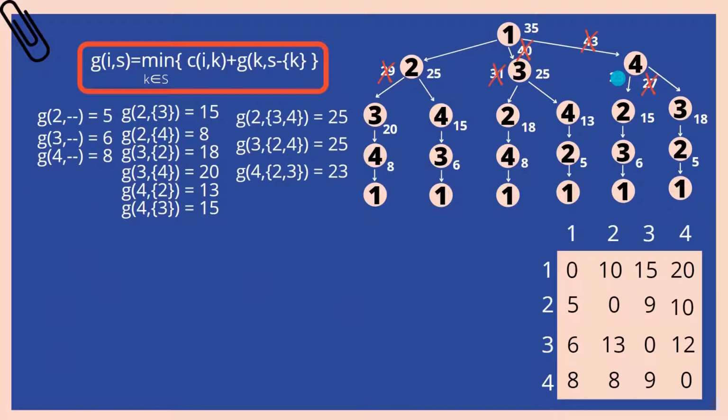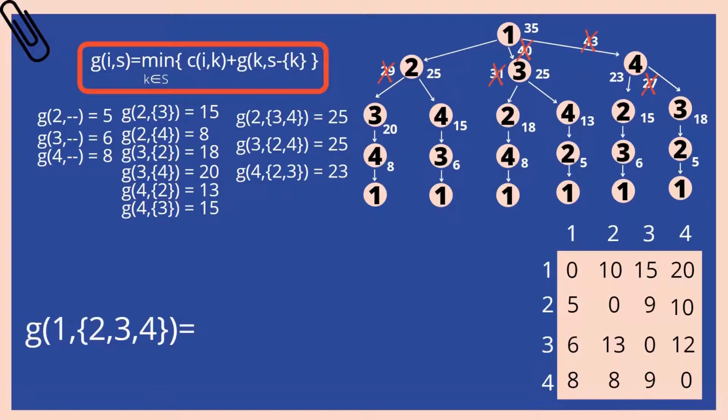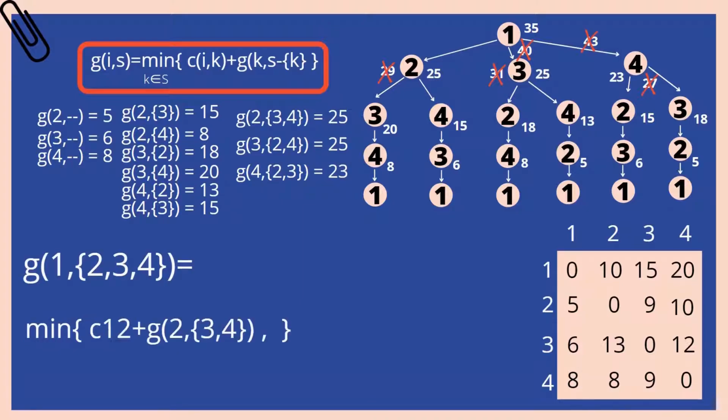So now let's use the formula. If we are at city 1, our cities which we can visit are 2, 3 and 4. So the formula says from 1 to 2, 3 and 4, we should take the minimum. If we go to city 2, so from 1 to 2 and the minimum of 3 and 4. Now our second option is 1 to 3 and minimum of 2 and 4.